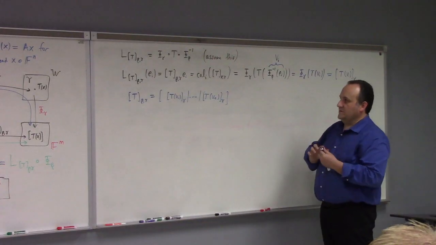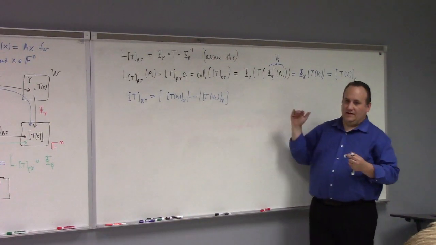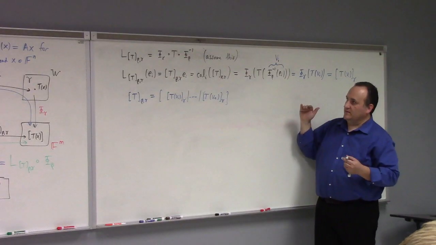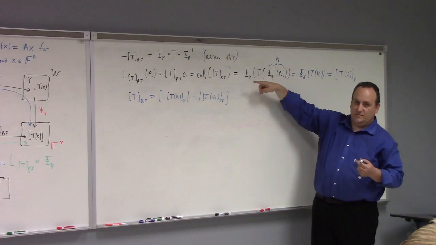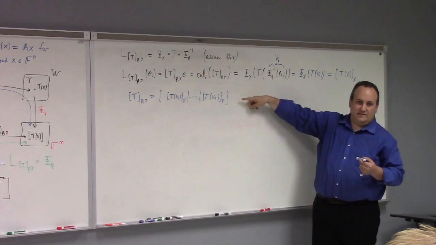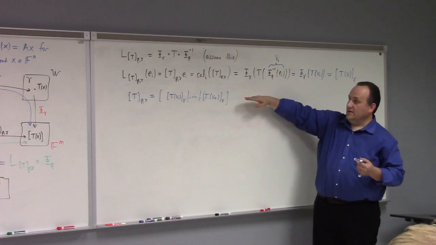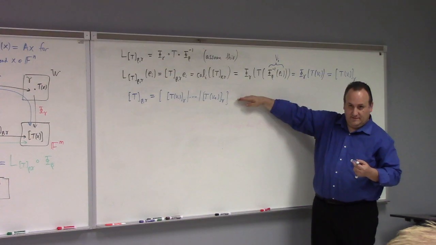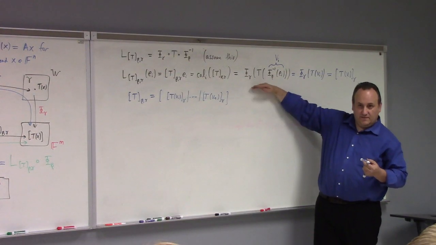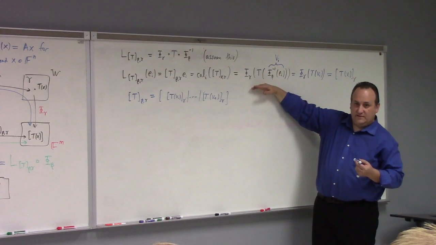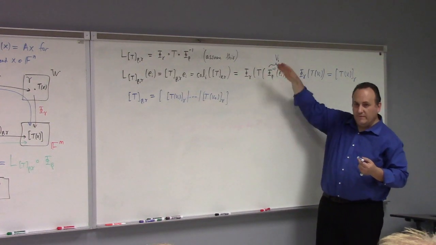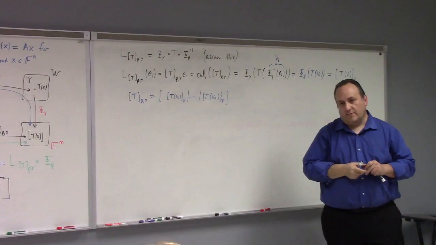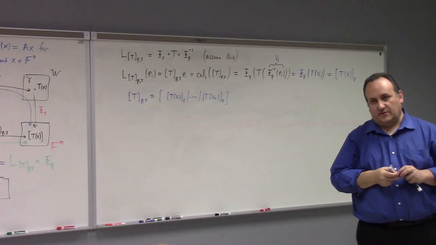So my point to you is that it's pretty clear that if you start with the top thing, it implies this, which implies that. But in fact, these calculations are reversible. If you know this, it implies the step above, which then, when you sort through it, implies the step above. So these are actually three equivalent formulations of what it means to define the matrix of a linear transformation.